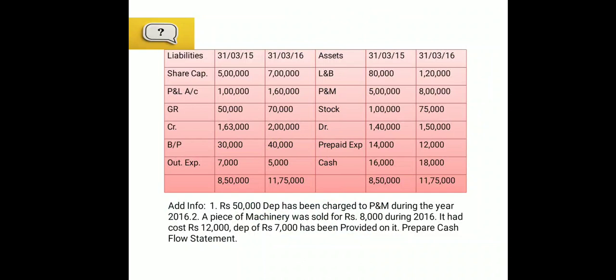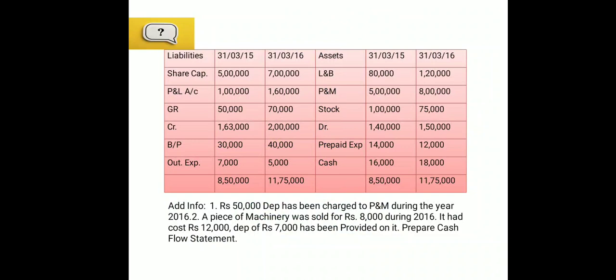Cash flow from operating activities means the cash you get from your day-to-day operation, production and selling of the items, products or goods.